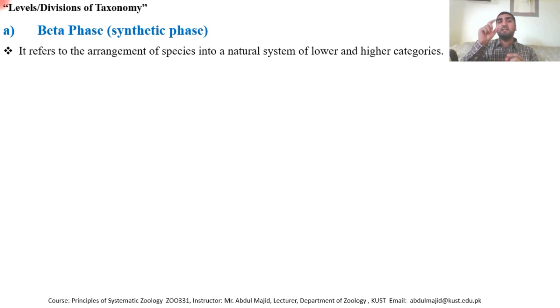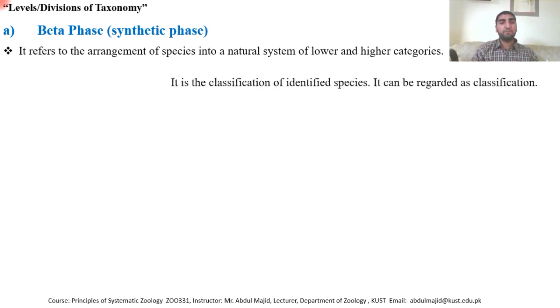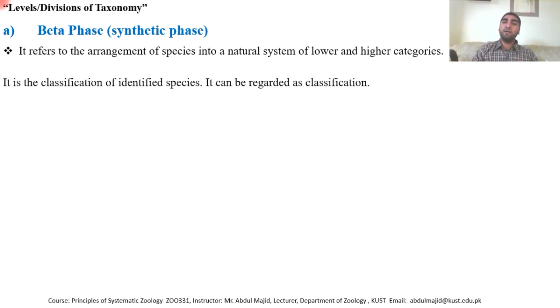This is macrotaxonomy, and it is the beta phase, the synthetic phase. It is the classification of already identified species, and you are placing those species into different categories.